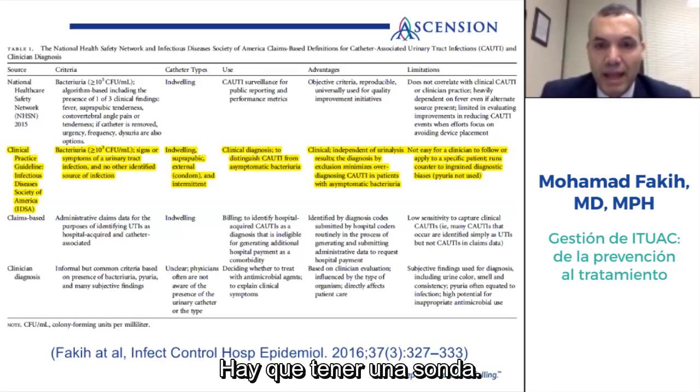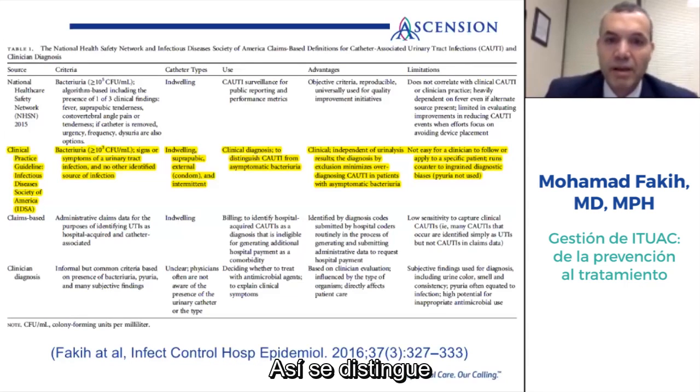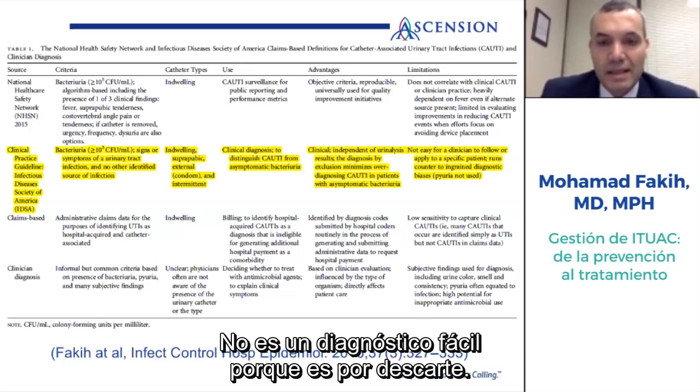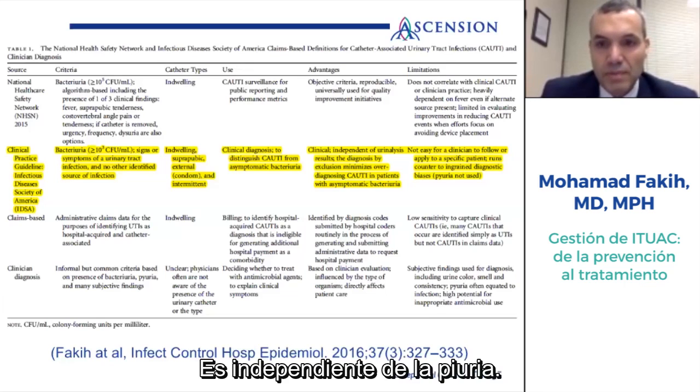And you have to have the catheter, and it's a clinical diagnosis. This is how we distinguish between asymptomatic bacteriuria and catheter-associated UTI. It's not an easy diagnosis because it's by exclusion, and it's also independent of pyuria.